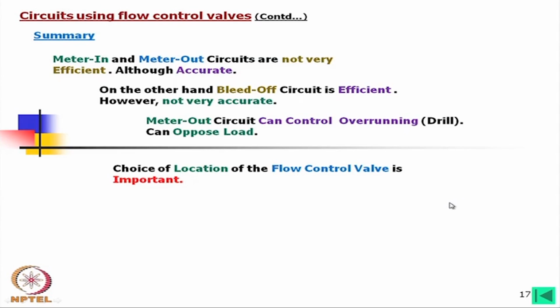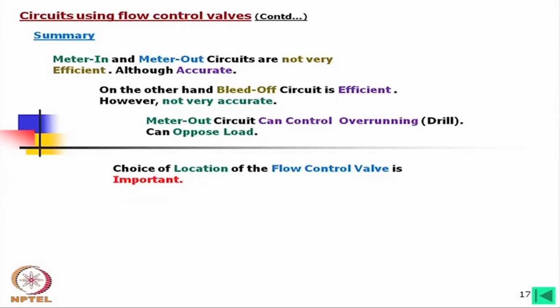We have to put these valves in proper positions to make it meter out, meter in, or bleed off. Maybe you are using the same flow control valve, the same circuit and the same cylinder, but by using this flow control valve at 3 different positions, you can make meter in, meter out and bleed off, and you can handle the load in different ways depending on the purpose.